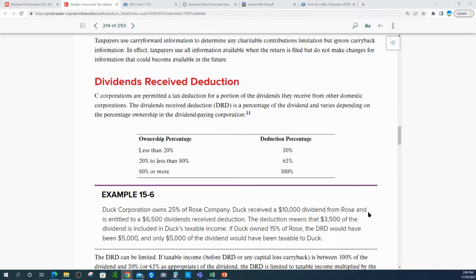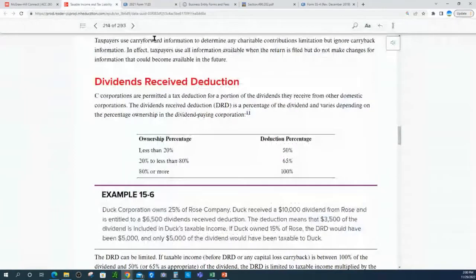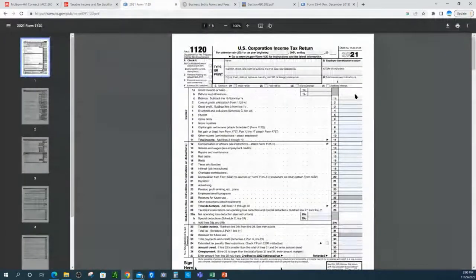But the problem with dividends is they are not deductible. They do not reduce taxable income. So they're not included in any of these expense items. Dividends aren't an expense. They're not a deductible expense. So that means that essentially there's no tax benefit to the corporation of paying dividends.